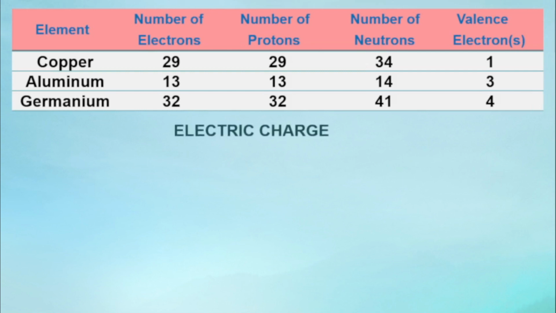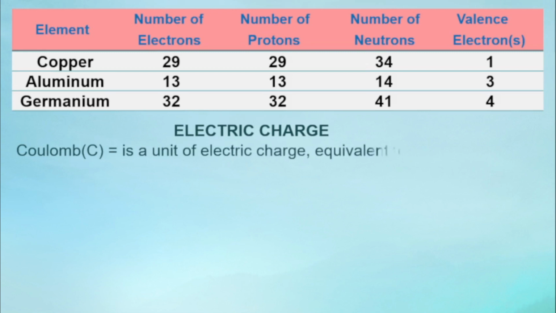Electric charge. Coulomb is a unit of electric charge, which is equivalent to 6.25 times 10 raised to 18 electrons or protons.